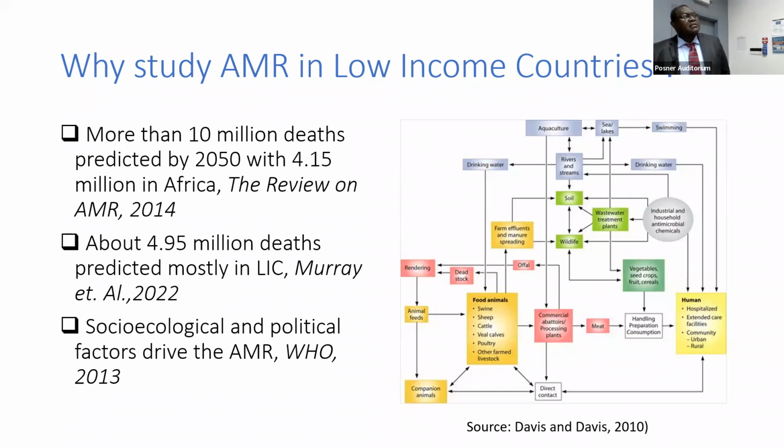And WHO has recognized that socio-ecological and political factors are very important drivers for antimicrobial resistance. If you look at the graphic, the model from Davis, 2010, you see how complex the situation is. The drivers of antimicrobial resistance are very complex.